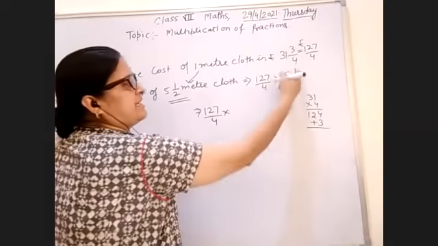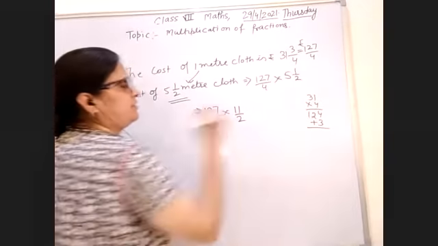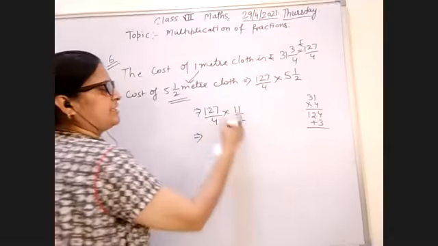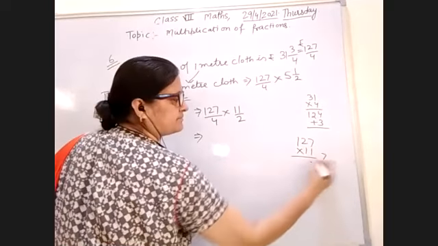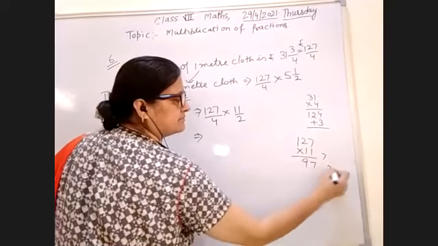5 2s are 10 plus 1, 11/2. Now you have to multiply 127/4 by 11/2. It is equal to 1397/8.